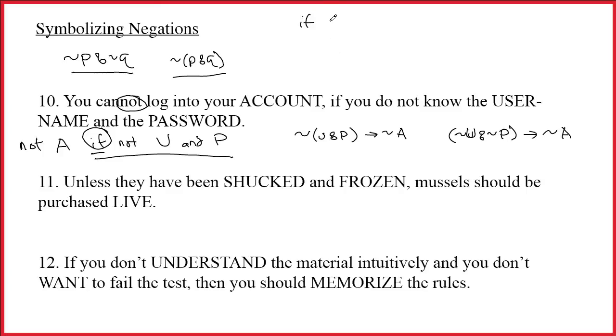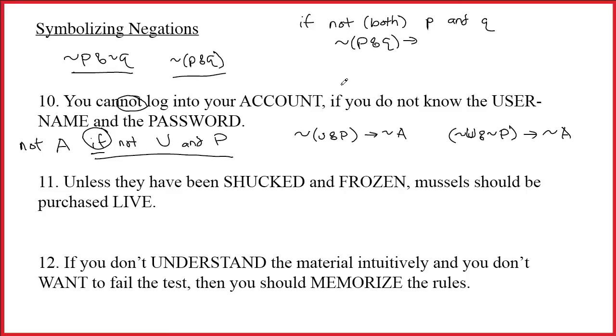If you see if, not, and the word both here is optional, if not both P and Q, then you should immediately recognize that that's a tilde outside parentheses, and so you would write tilde (P and Q) arrow.